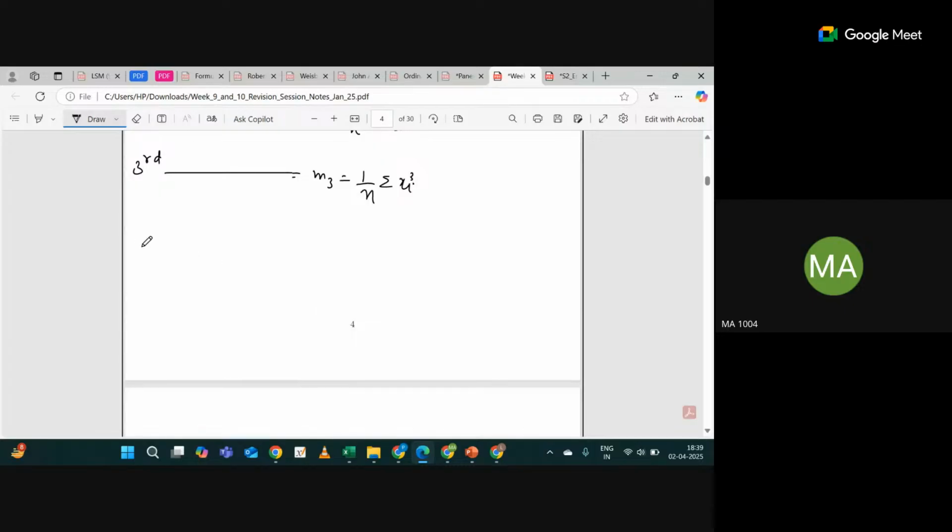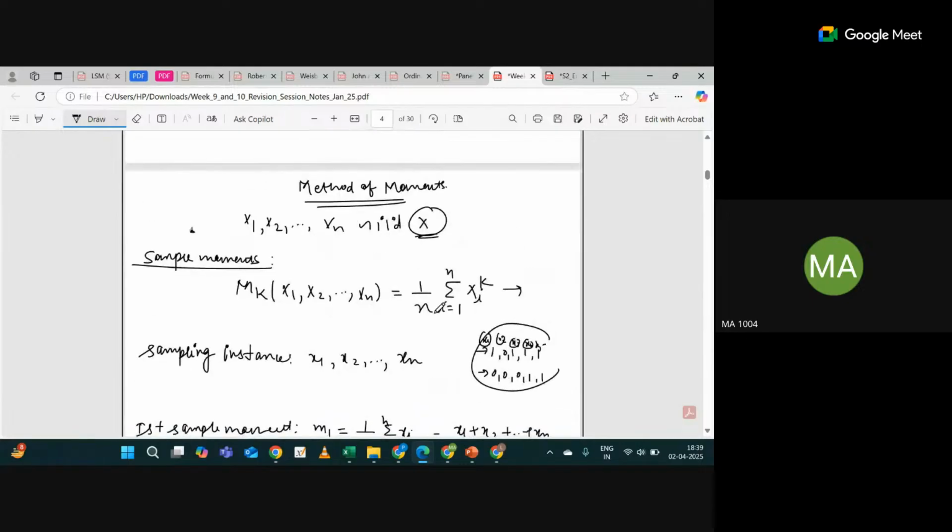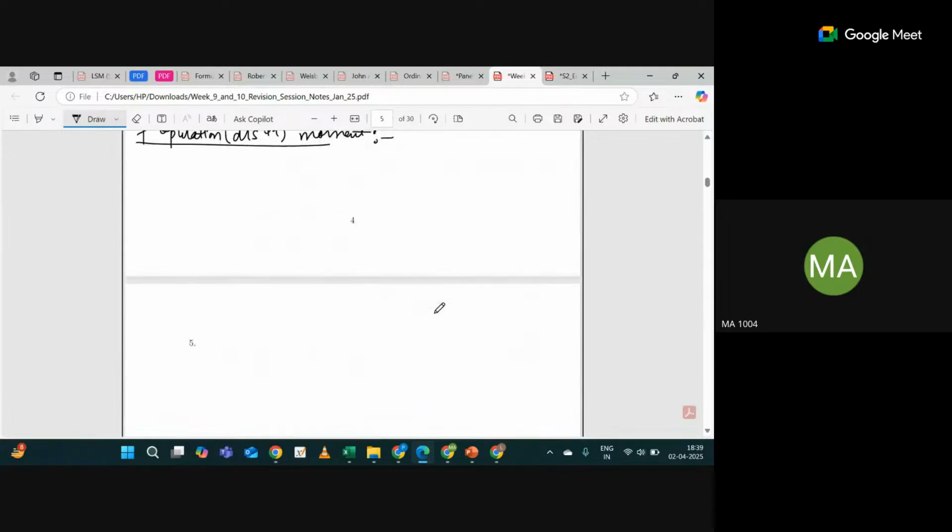Okay, so what are the population moments, or you can say distribution moments? This is defined for the distribution. What I mean by distribution or population is where you are selecting your sample from. This can be normal, Bernoulli, Poisson, or any PMF, any PDF. It can be anything. We have seen this in the MGF chapter also.